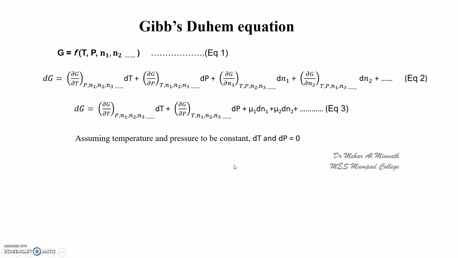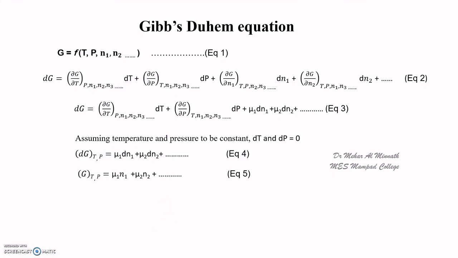Now when you assume dT and dP equal to 0, that is when you're considering the system at constant temperature and pressure, our equation 3 gets changed to equation 4: dG at constant T, P equals mu1 dN1 plus mu2 dN2, etc.